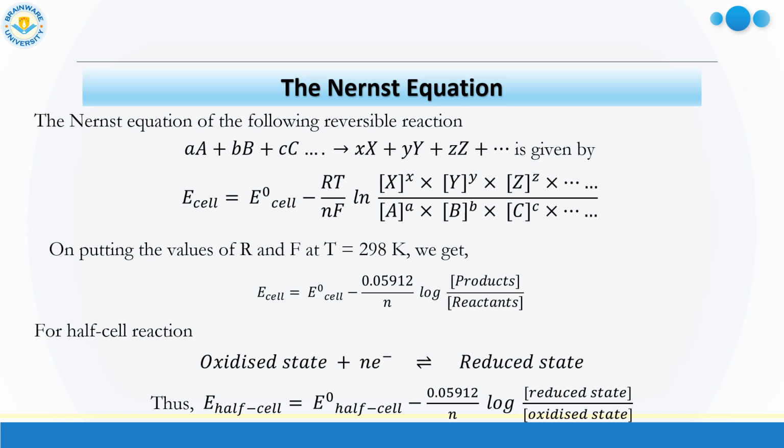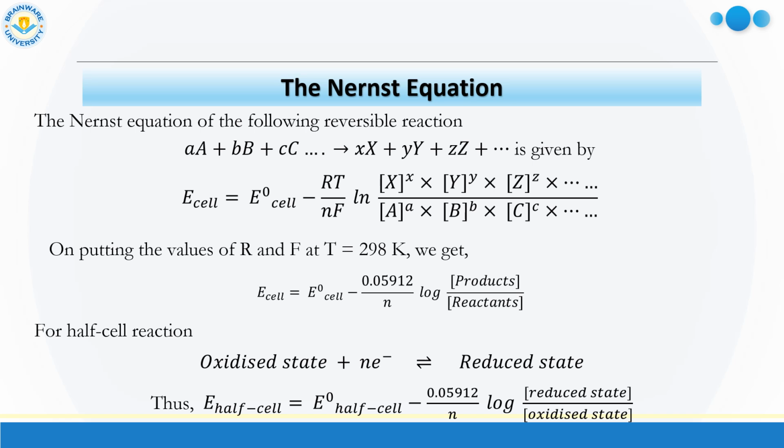Here R is the universal gas constant, T is the temperature in the Kelvin scale, n is the number of electrons exchanged during this chemical reaction, and F is the Faraday's constant.